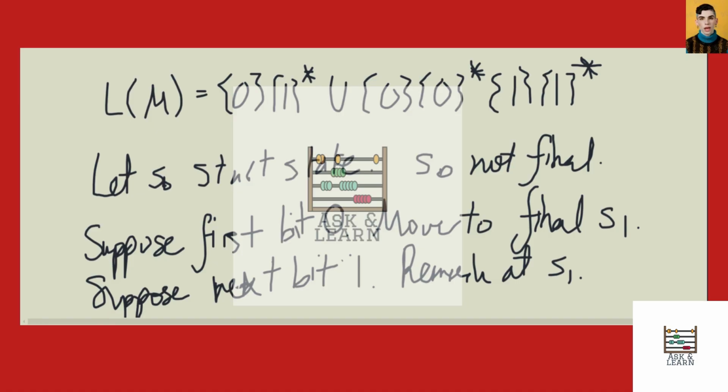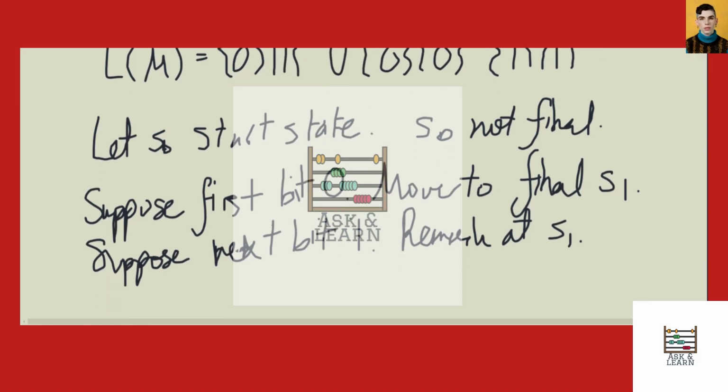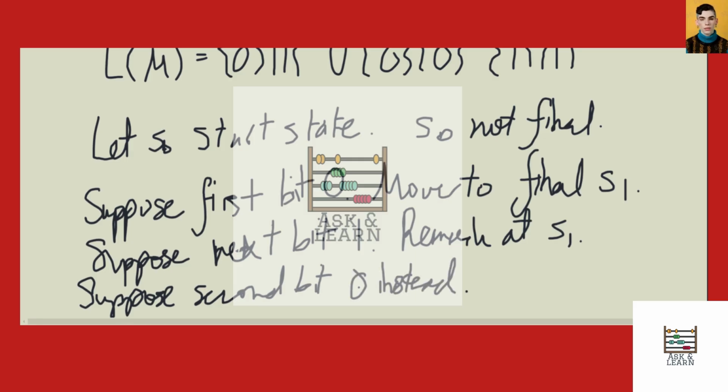Suppose, however, that the second bit is a 0 instead. Then we see that 0, 0 should not be recognized.